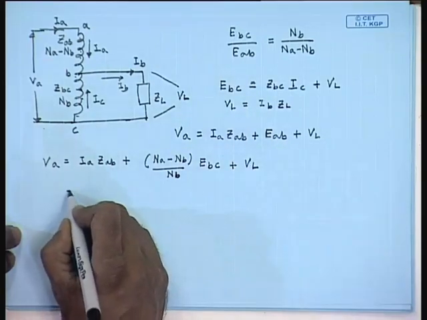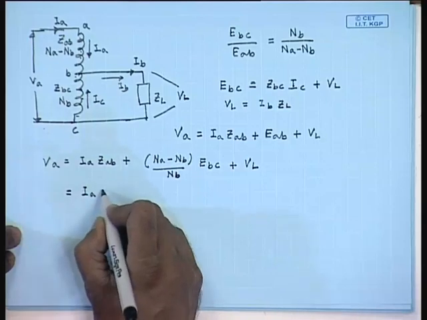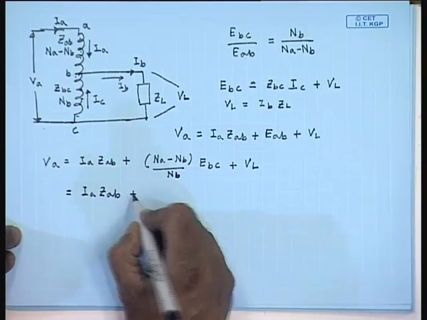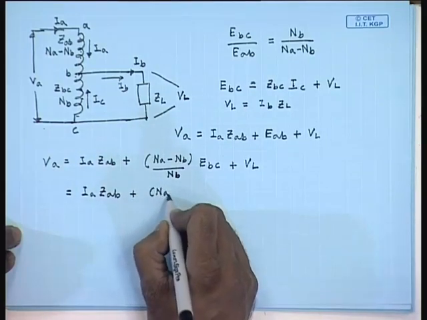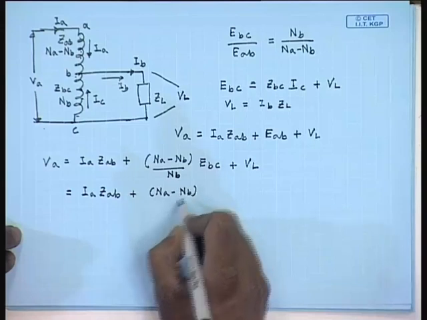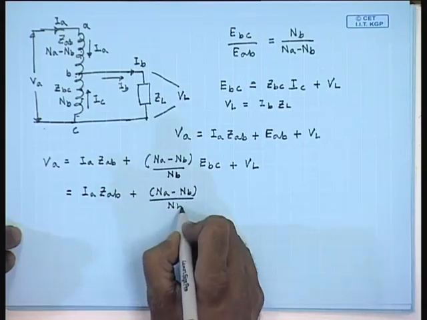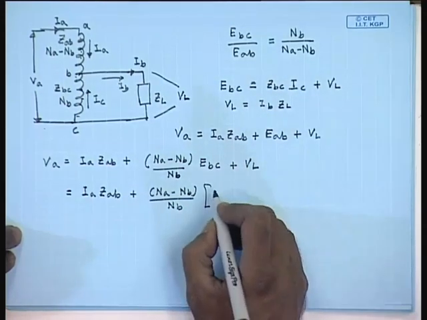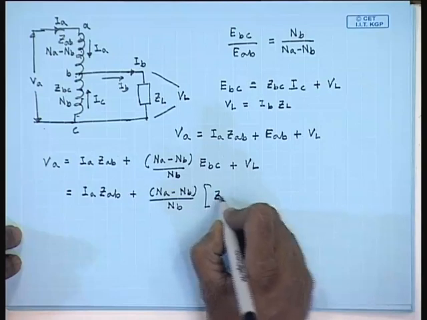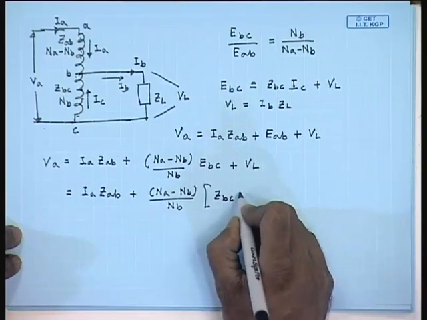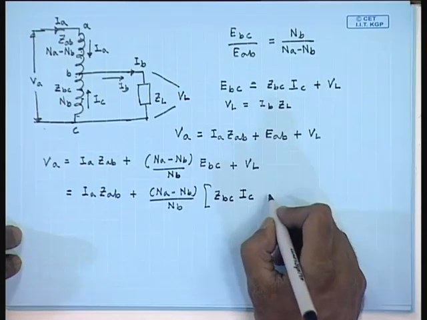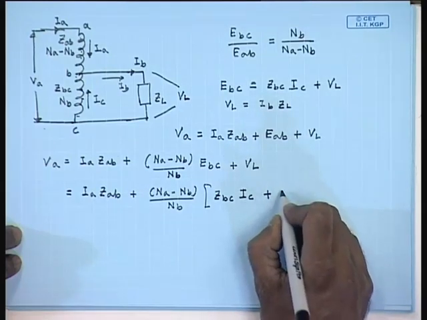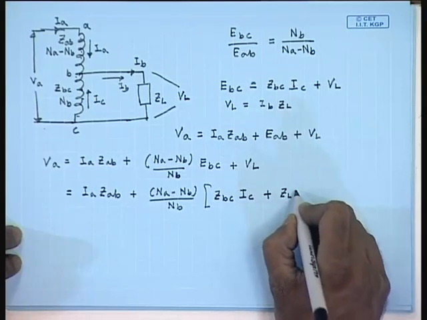On further substitution, we get V_A equal to I_A Z_AB plus (N_A minus N_B) by N_B into (Z_BC I_C plus Z_L I_B).